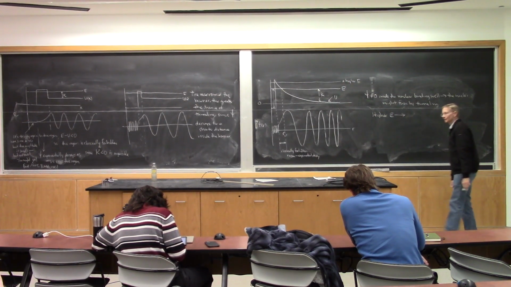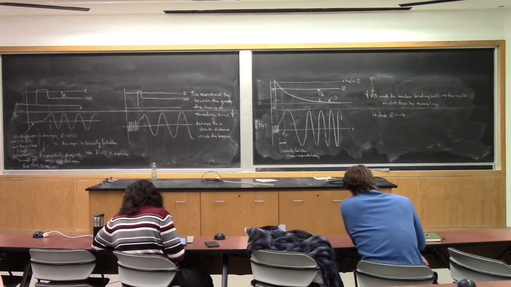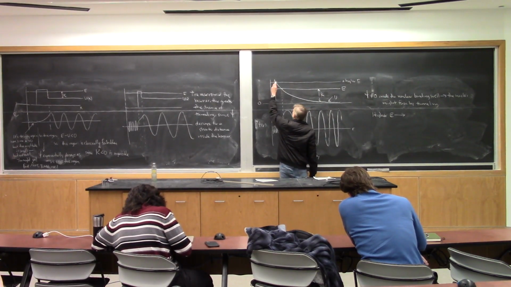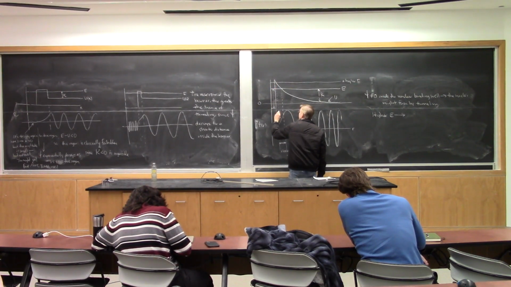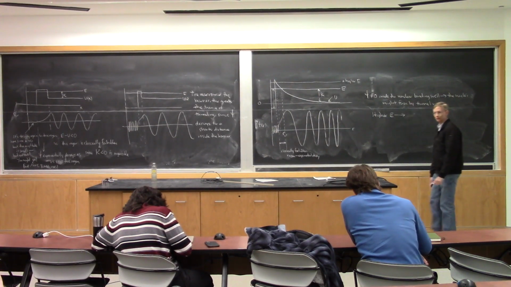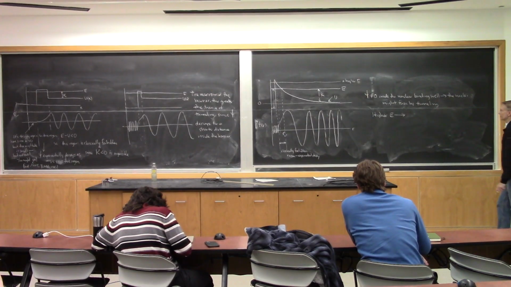Higher E, compared to the first one I drew there. Higher E says what about the distance over which the exponential decay would be occurring? It's narrow.